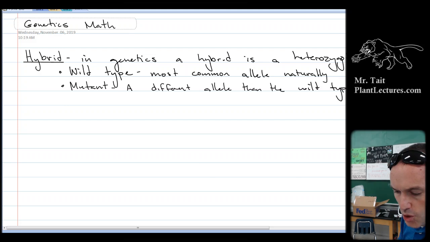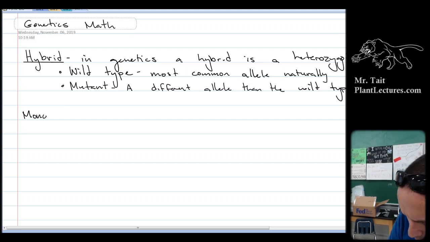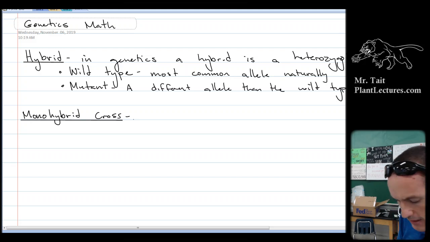Okay, so one of the things that we will see is something that's called a monohybrid cross. And that is with two parents that are each heterozygous for the trait.